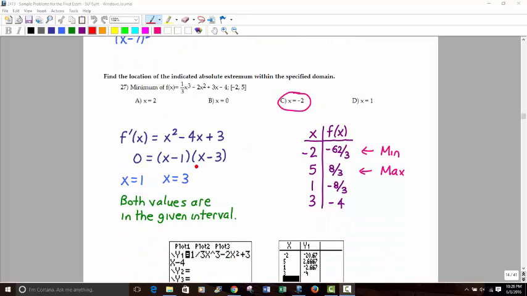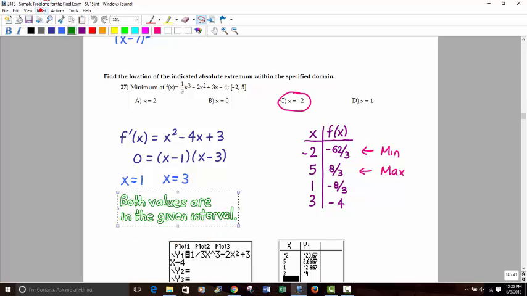But anyway, x minus 1, x minus 3 gives you 1 and 3. Then you make the decision: do I want both of those, one of those, neither of those? Well, since the interval goes from negative 2 to 5, you would actually use both of those values because they do fit in the interval. So we will keep them both.